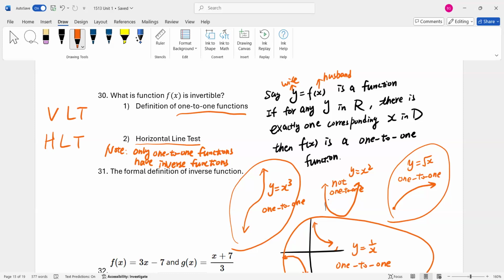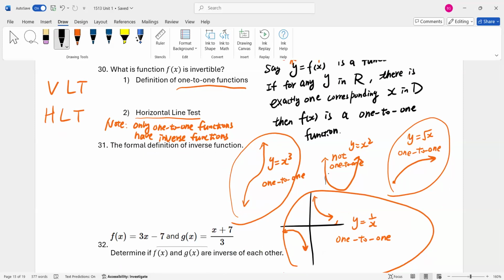Invertible means, okay, so how about let's use the machine. This is a one-to-one function. The machine works as a function. When you give the machine an input, it will produce a corresponding output y, right?